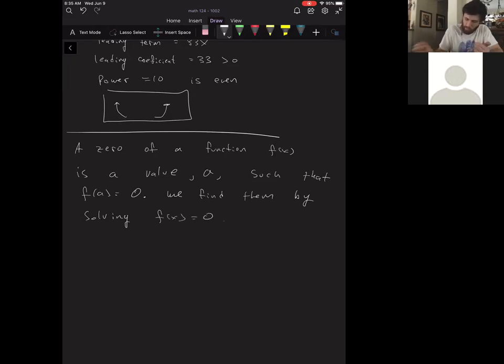So you're just setting an equation equal to 0 and solving for x. Those values that we find are called zeros. We've done that several times throughout this semester. The only thing we haven't talked about is multiplicity. Sometimes when we solve a function for 0, we get the same answer twice. That means we'll have a multiplicity of 2.